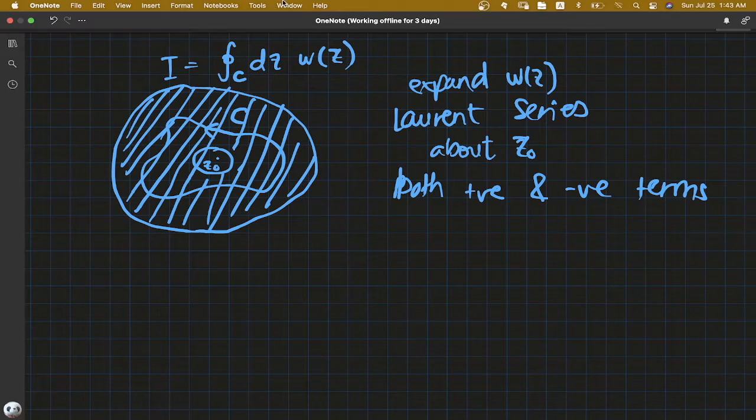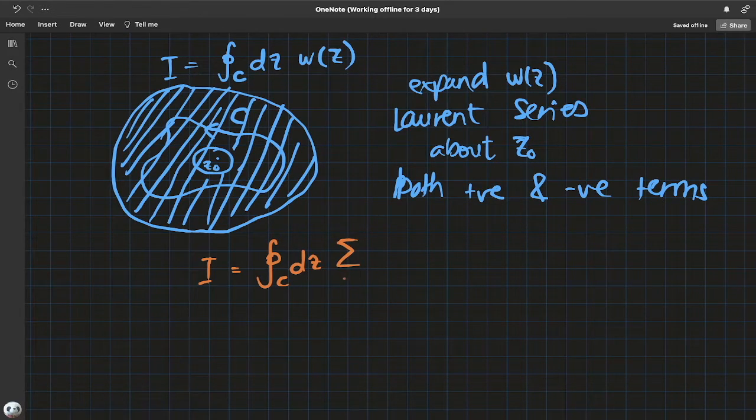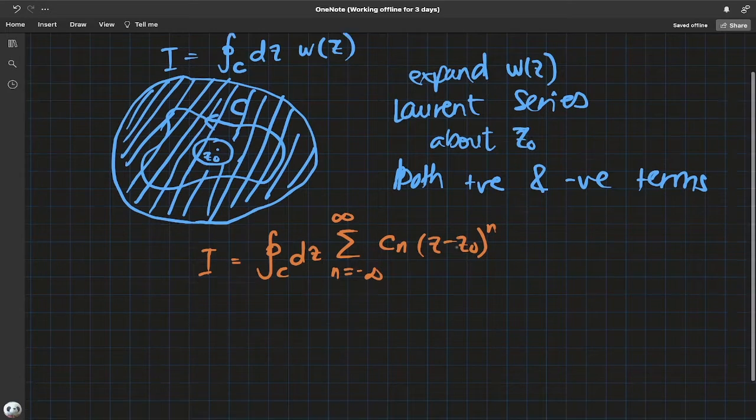Let's move on. If I can expand w of z using a Laurent series, I can make a substitution and use the general form of a Laurent series: the sum for n from negative infinity to infinity of c sub n, z minus z0, because we're expanding about z0, raised to the nth power.